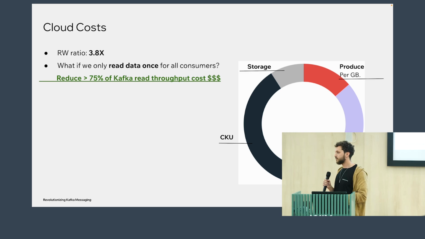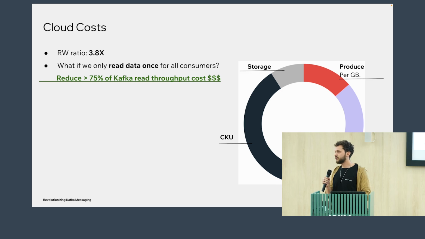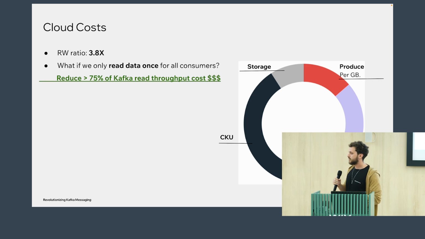What we have noticed is that our read-write ratio is about 4 times. This means that on average, every message produced to Kafka is read about 4 times. And as you can see, this consume part of the bill is pretty big. It started to raise questions like, what if we could read only once?